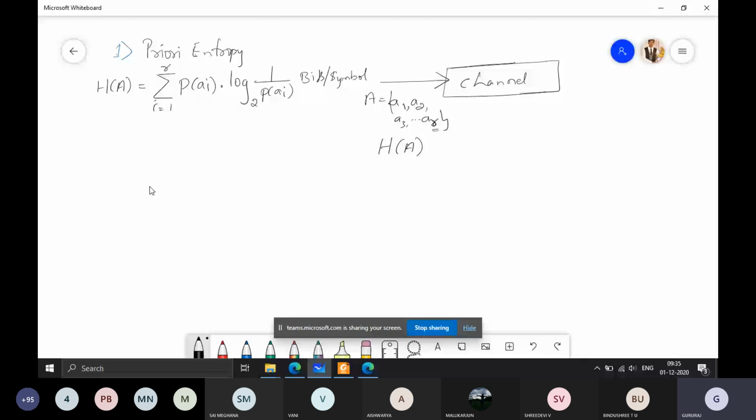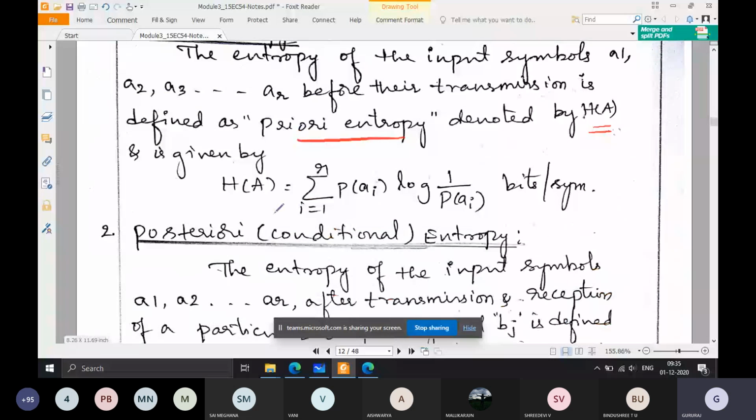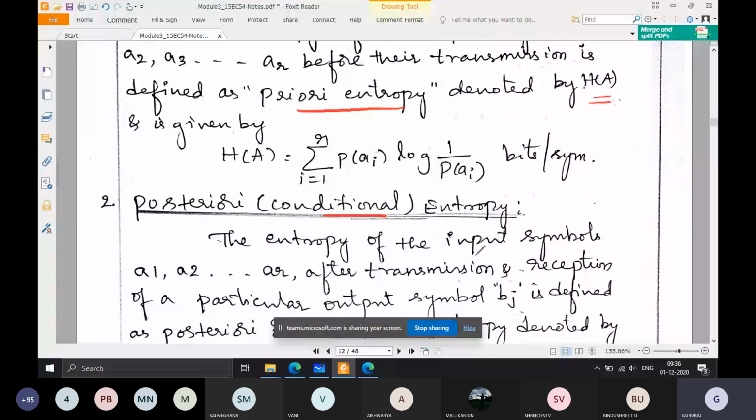Before transmission, what is the entropy? The next entropy is known as posteriori entropy, which is also known as conditional entropy. It is the entropy of the input symbols A1, A2 up to AR after transmission and reception of a particular output symbol Bj.